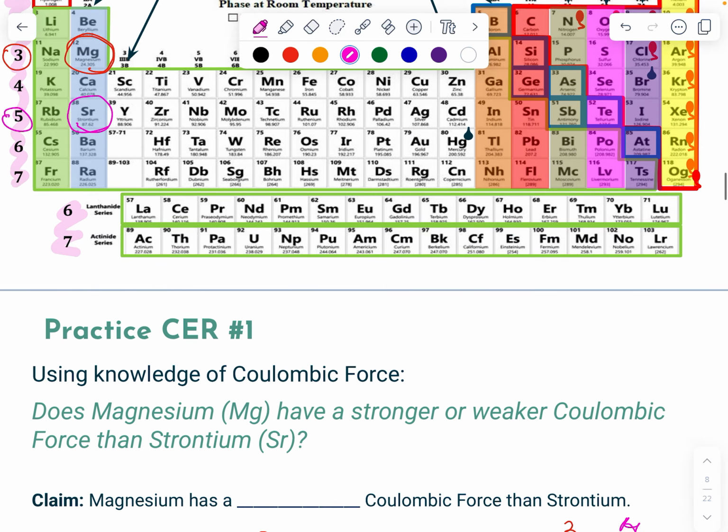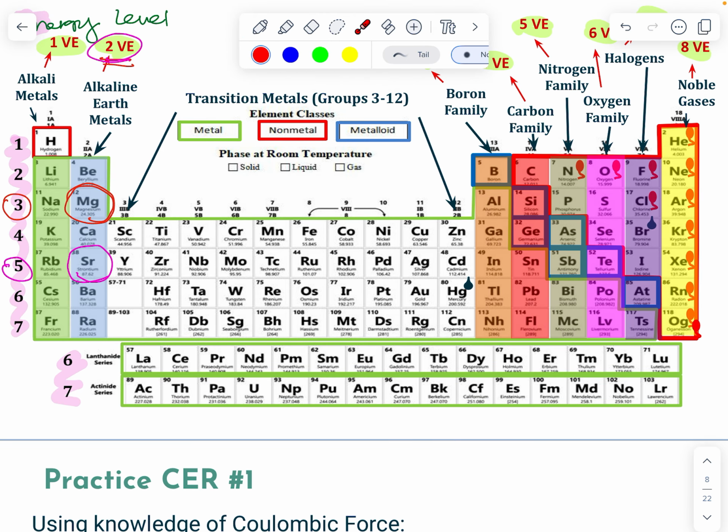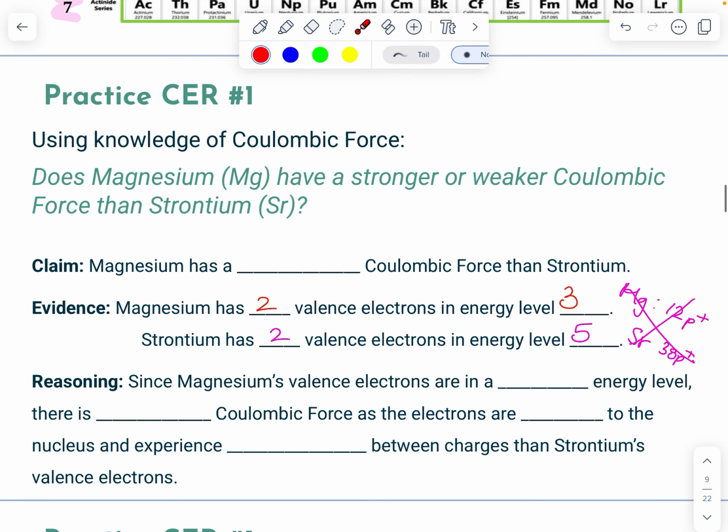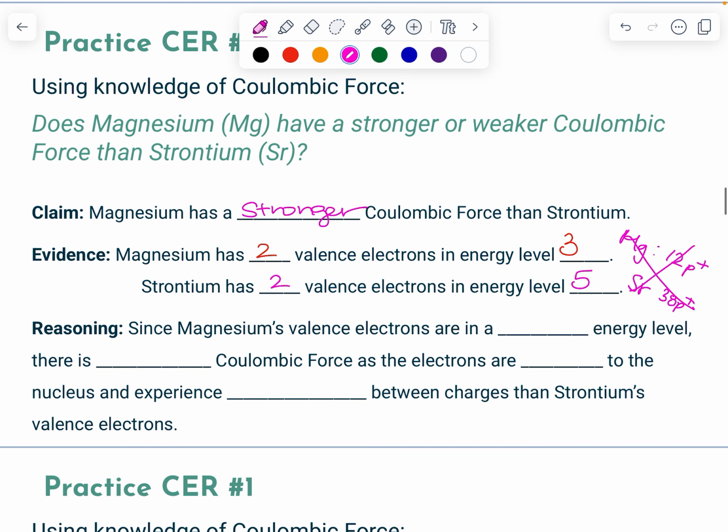So if we look at this, I see that strontium's valence electrons are in a higher energy level. Our nucleus is kind of up here, and then here are our rings of energy levels of electrons. Magnesium is closer than strontium, which means that magnesium is going to have a stronger Coulombic force than strontium.